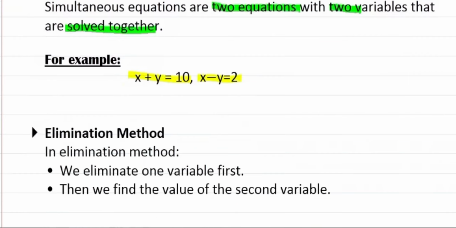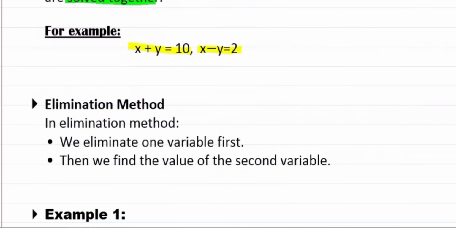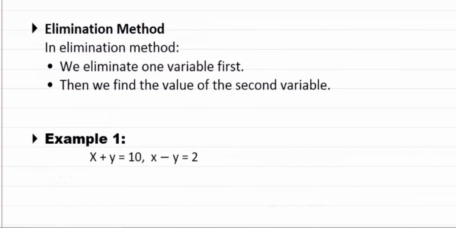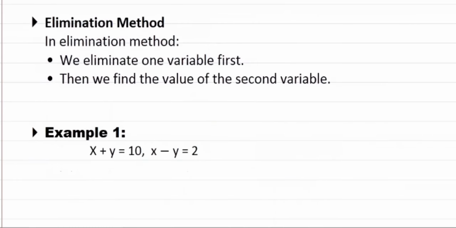Let's understand the elimination method. What is the elimination method? In the elimination method, we eliminate one variable first, then we find the value of the second variable. Let's solve an example.